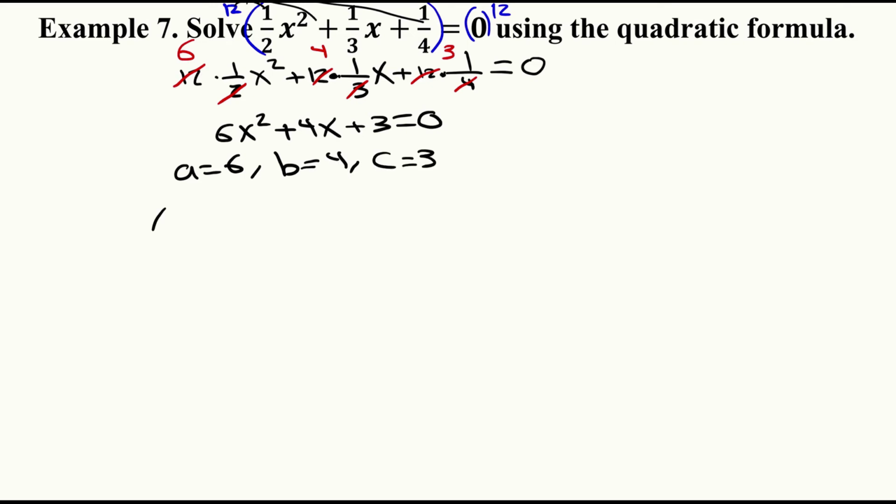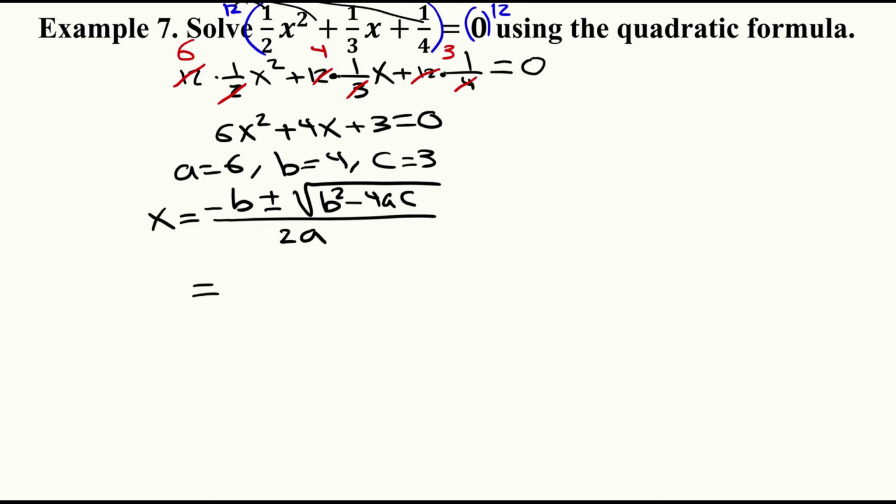Once we've extracted those, we'll go ahead and write down the quadratic formula. X equals negative b plus or minus square root of b squared minus 4ac over 2a. And now we'll go ahead and substitute.